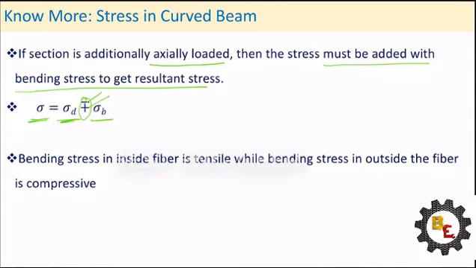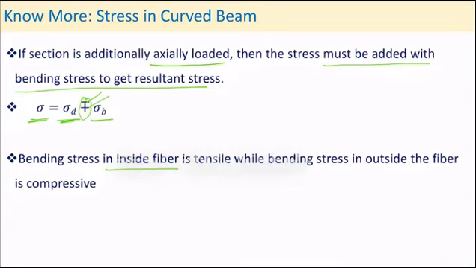Bending stress in the inside fiber is tensile, while bending stress in the outside fiber is compressive. For our section, this condition is satisfied because the beam was like this and we applied a moment here. Now the inside fiber tries to extend and the outer fiber tries to contract because of this moment.